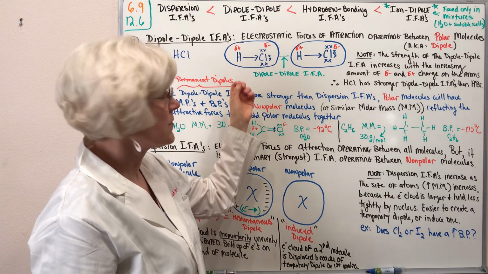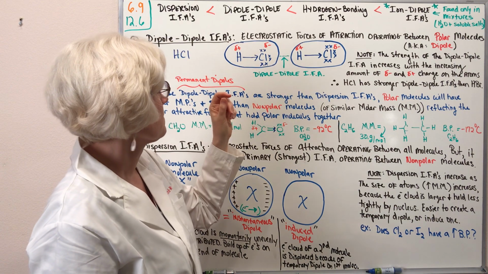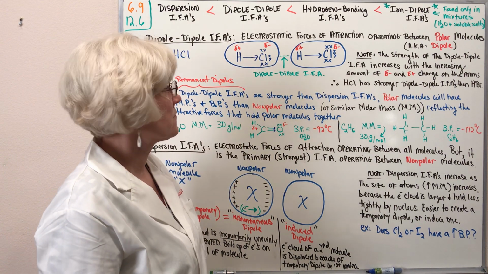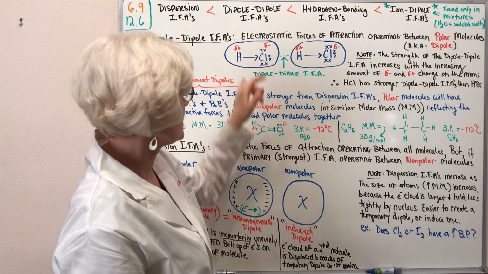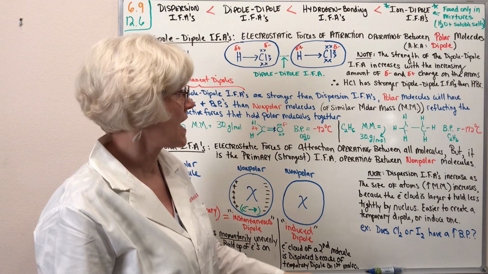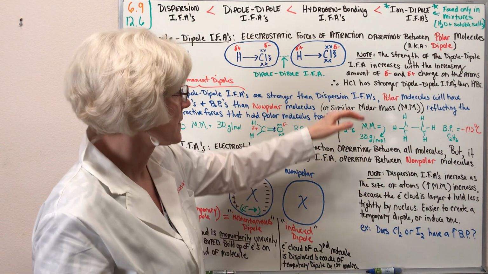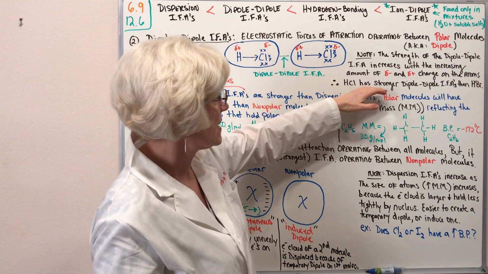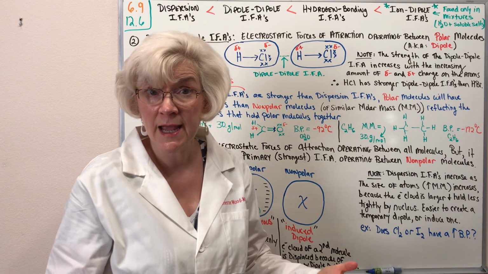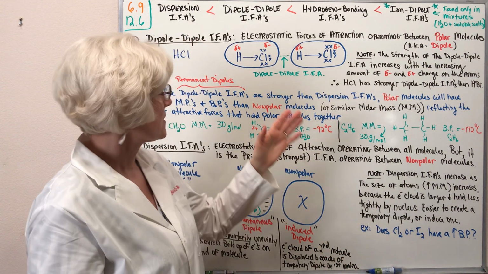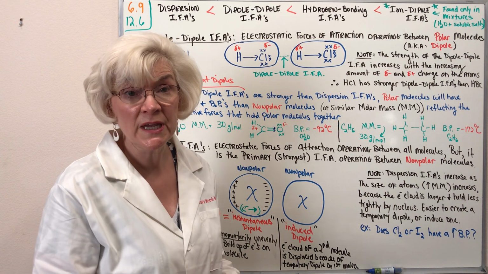So the greater the polarity of the molecule, the greater its dipole moment, the greater the magnitude of partial negative and partial positive charge, as predicted by the difference in electronegativities of the atoms, the greater the attraction holding them together. So we would predict that HCl has larger or stronger dipole-dipole moments than, say, HBr, because chlorine as a halogen is more electronegative than bromine is.